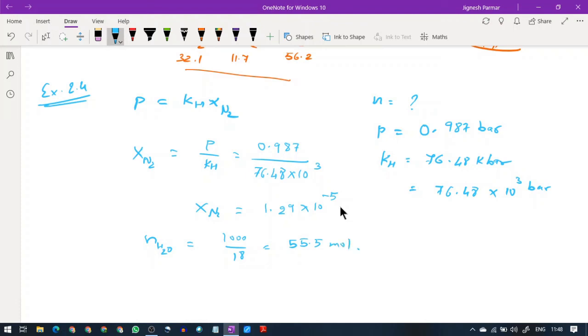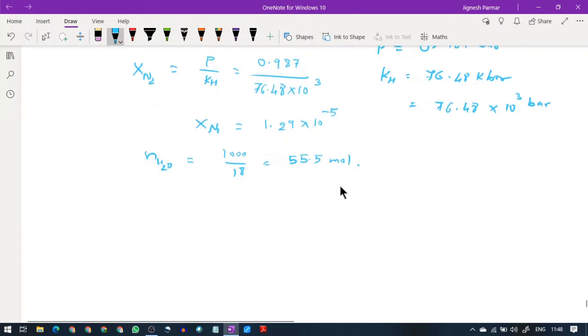That is water. Now let's see the formula for the mole fraction of nitrogen. It is the number of moles of nitrogen divided by the total number of moles of water plus number of moles of nitrogen. Here you can see the number of moles of water is very high compared to the number of moles of nitrogen.